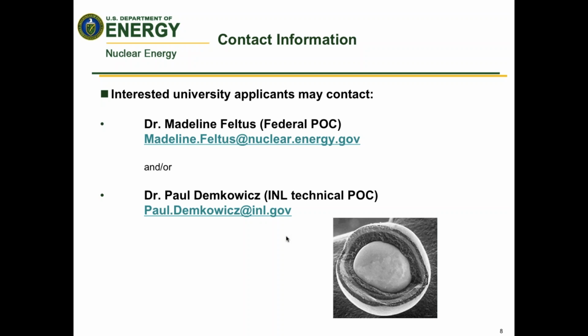Will the project have to involve neutron irradiated samples? That could be proposed if the university wants to do that, but most of the test reactors at universities are low fluence, so that may not necessarily be adequate.